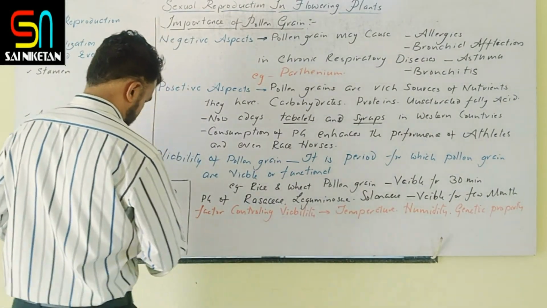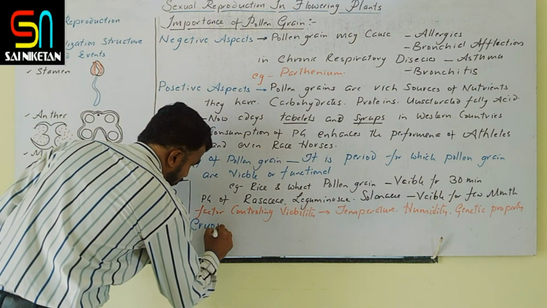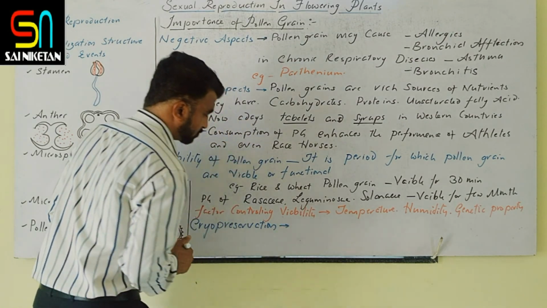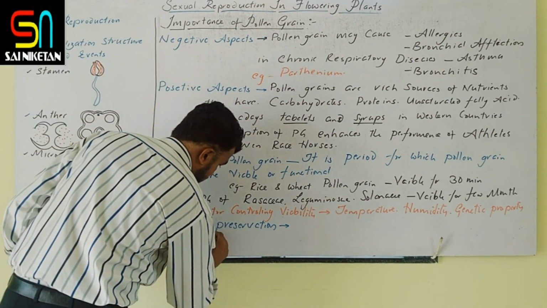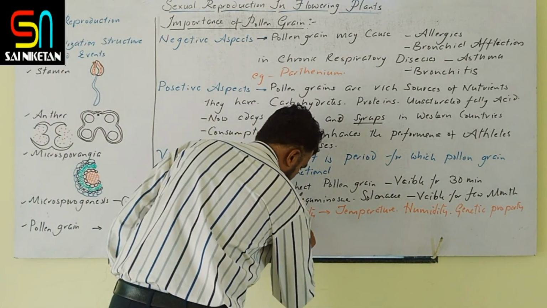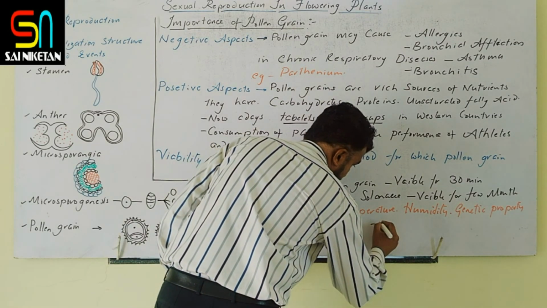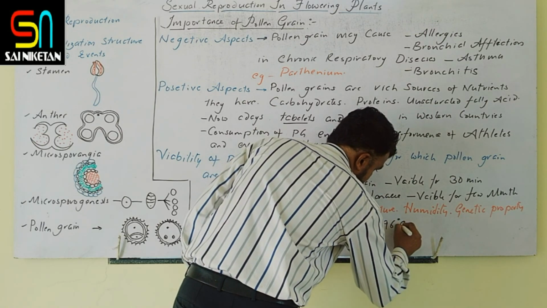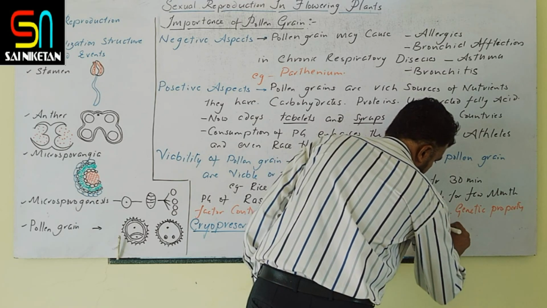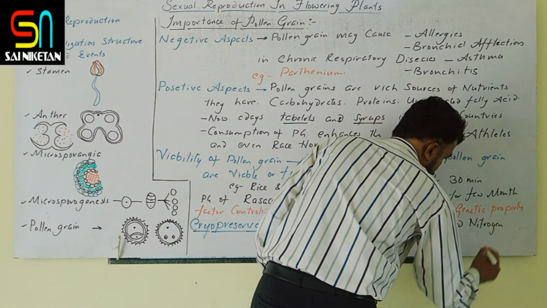How is it possible? One more definition, that is cryopreservation. Cryopreservation means, for research purposes, pollen grains are stored at minus 196 degrees Celsius in liquid nitrogen.